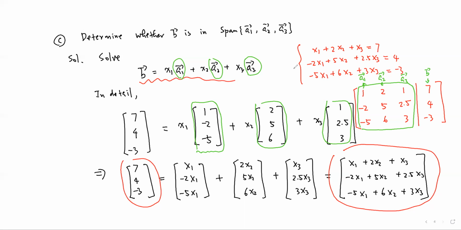Now, to see whether or not the linear system has a solution, solve the linear system by reducing the augmented matrix into echelon form. Let me solve on the next page.